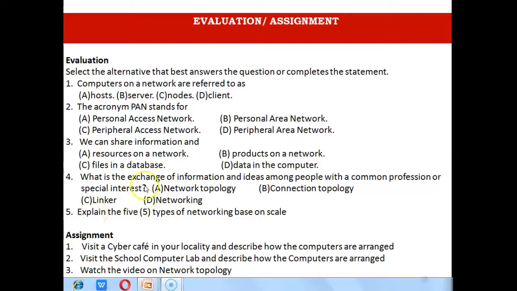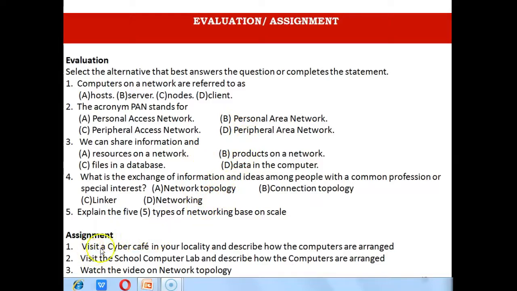But for your class evaluation, you have to explain the 5 types of networking based on scale. So you do that quickly and you submit so that we can see how far you have learned, or if our objective for this class has been covered.